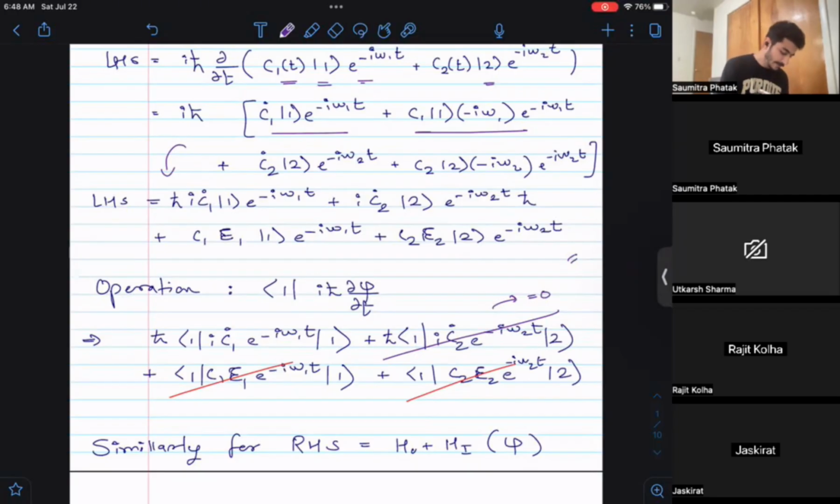Basically what I have done here is substitute E1 and E2, where E1 is equal to ħω1 and E2 is equal to ħω2, because those are the energy levels. So omega 1 and omega 2 are the frequencies of the first and second energy levels.